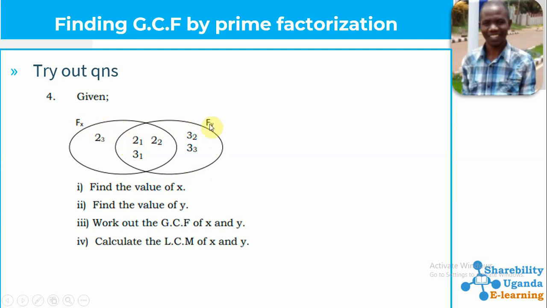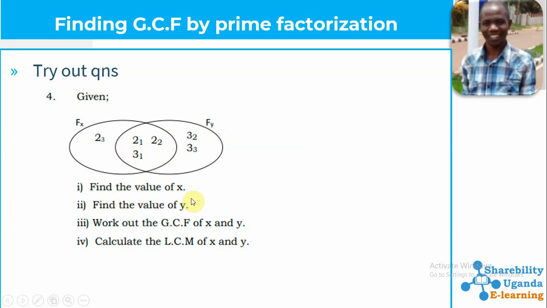And also the prime factors of y, which are not given, are unknown. But we have been given the values of these inside our set. So they want us to find the value of x, and also the value of y.